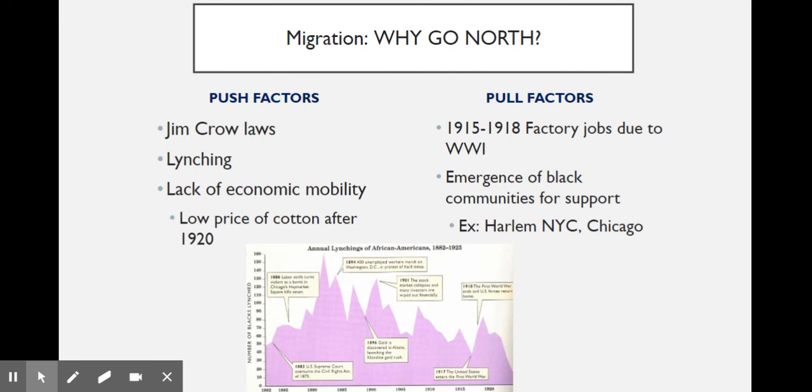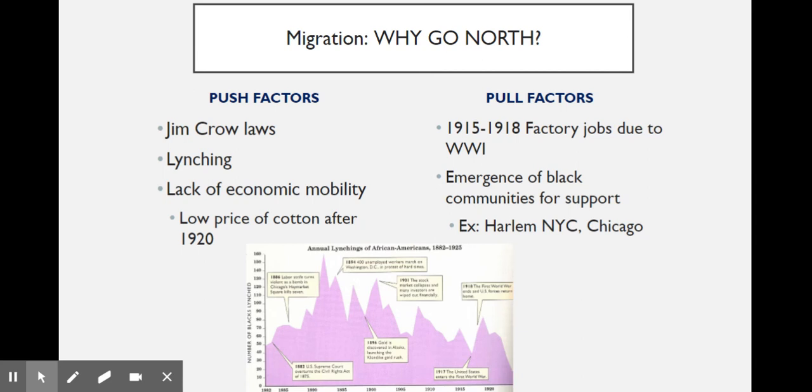So why go north? Every time we talk about migration, we look at push factors and pull factors. And the push factors, obviously, the contextualization that leads us up to this period is Jim Crow. The fact that lynching was happening in the South at a rate of about a lynching every 4 days, significant restrictions on people's lives, lack of economic mobility, in particular things like sharecropping, and with sharecropping, the price of cotton was struggling.